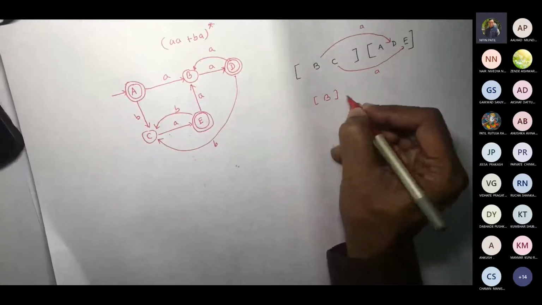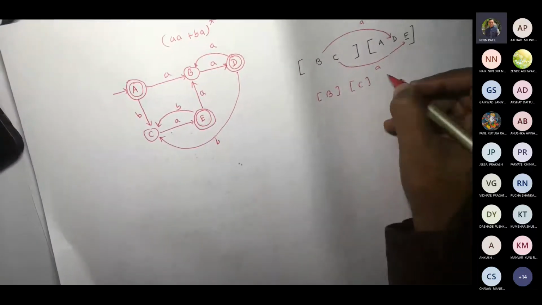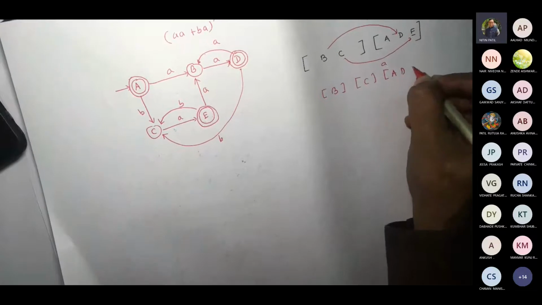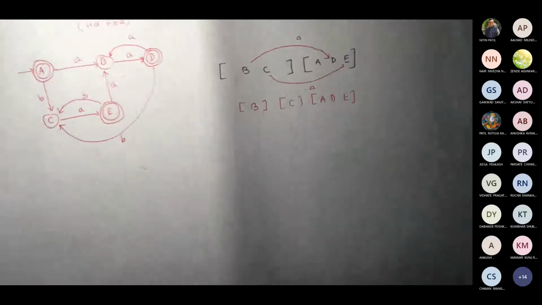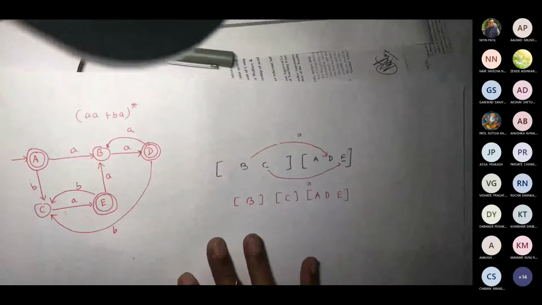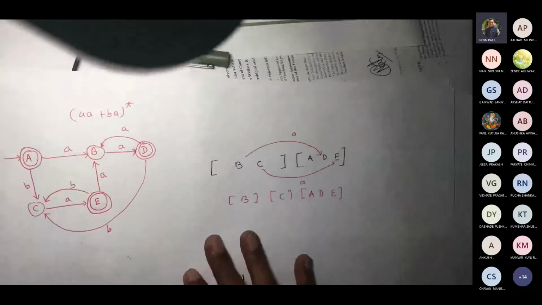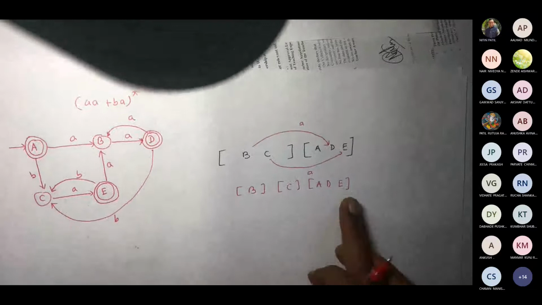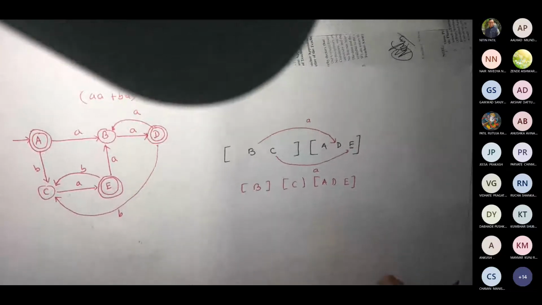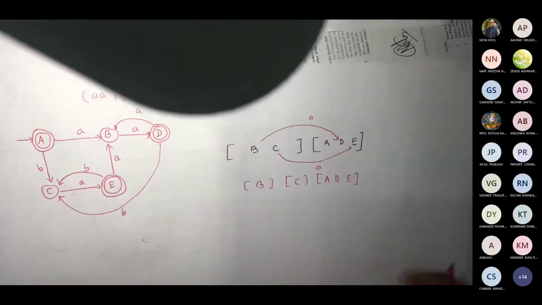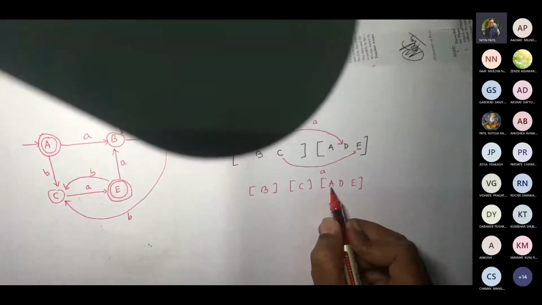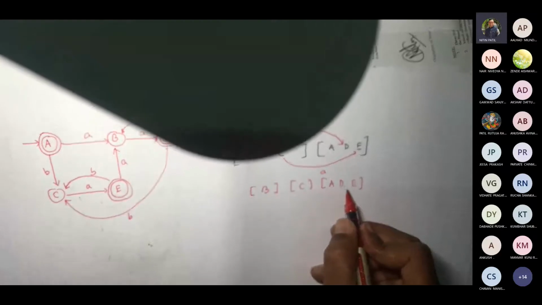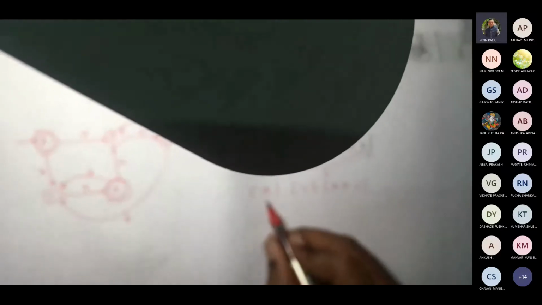Let me take B, let me take C, let me take ADE. Now suppose I take ADE, from A, D and E, do we have any other option available? See, if I give input A to A, input A to D, and input A to E, all of them are going to B. Can you see that?